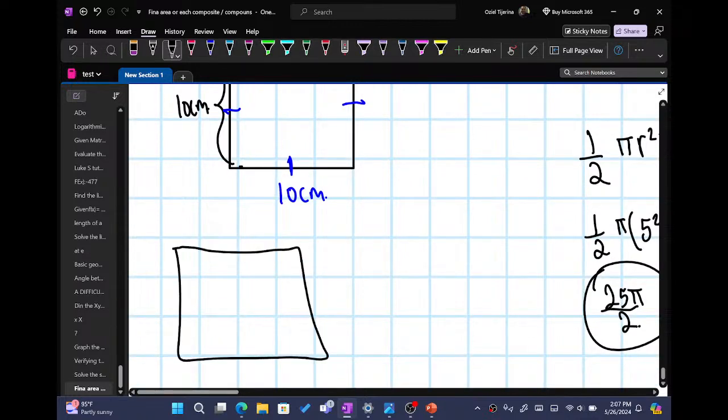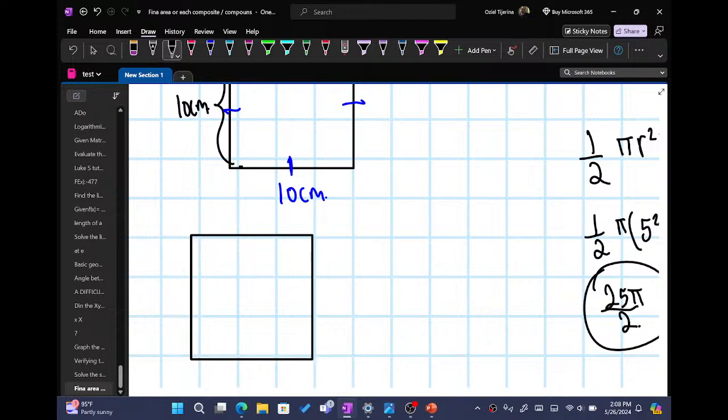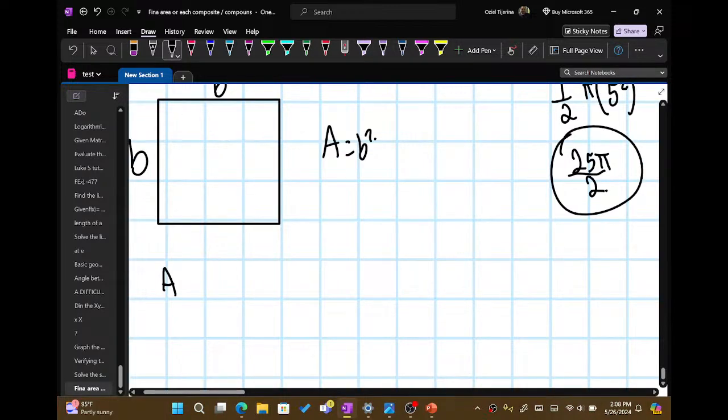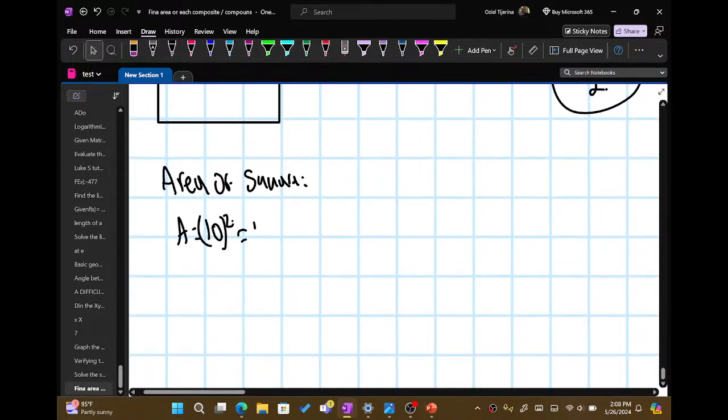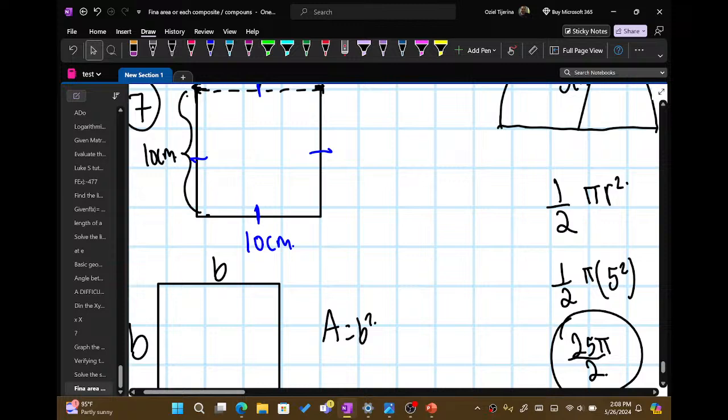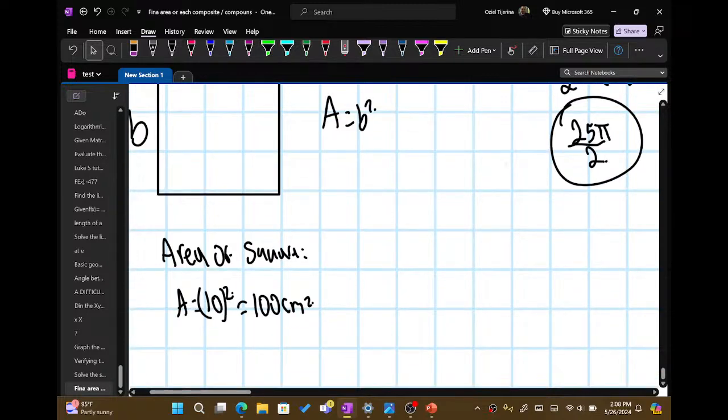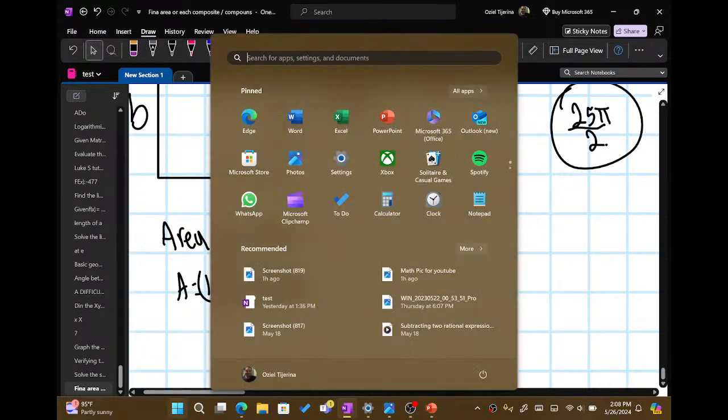The area of a square, if I know that this is my base, the area is b squared. So the area of the square is 10 squared, which is 100 centimeters squared. Like I said, it's centimeters squared because centimeters times centimeters is centimeters squared.